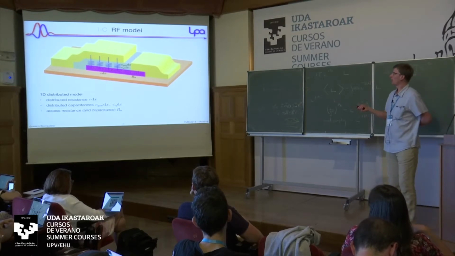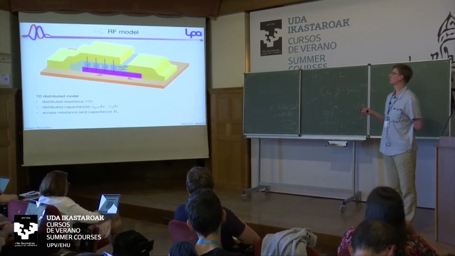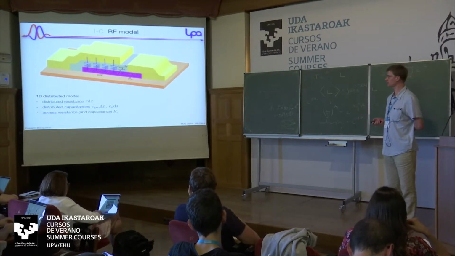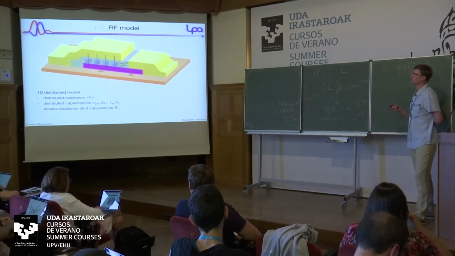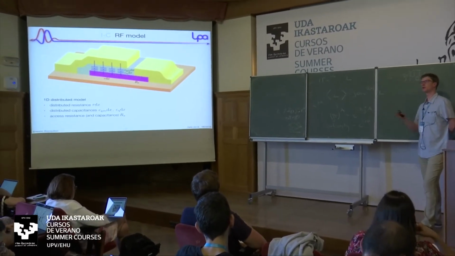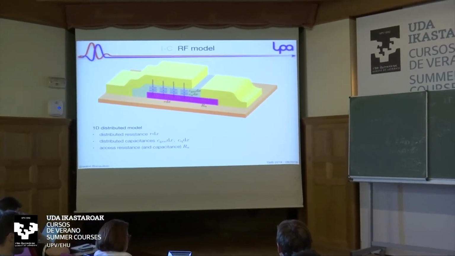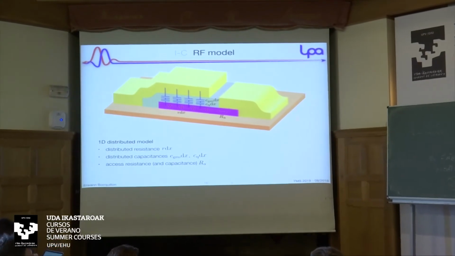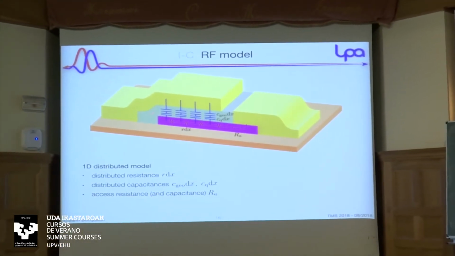So I've told you that there are two contributions to the capacitance. One is the quantum capacitance, one is this geometric capacitance. They come in series. On top of this, if you work at high frequencies, you have to take into account the fact that this is distributed. You have your electromagnetic wave that comes from this side that propagates in this device.